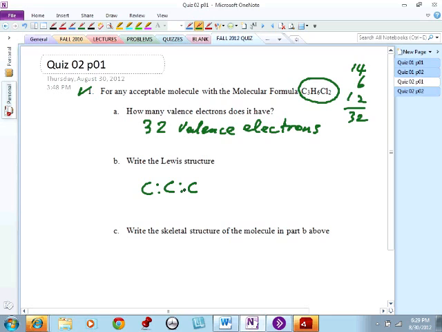Keep in mind, at this point you have 32 valence electrons, right? What if we don't put the dot? You have to. That is Lewis. For Lewis structure, you represent each covalent bond by 2 dots.